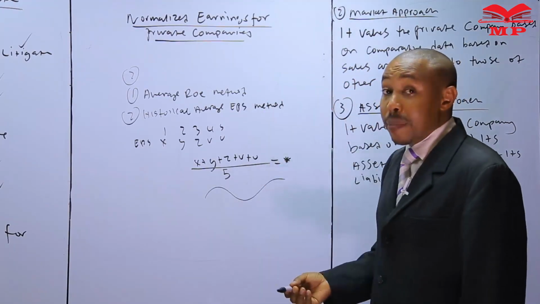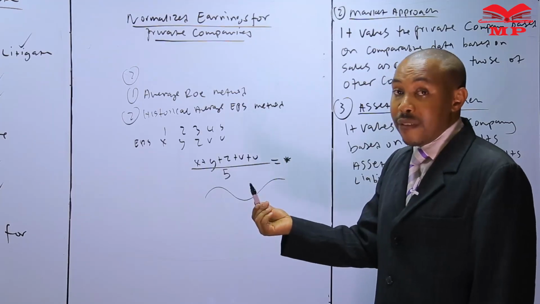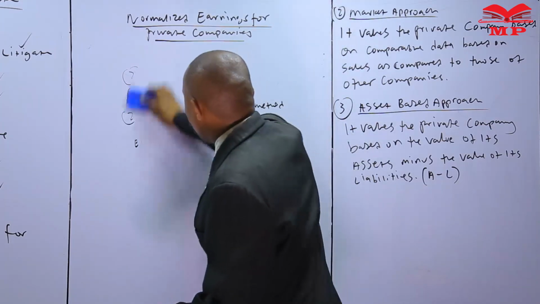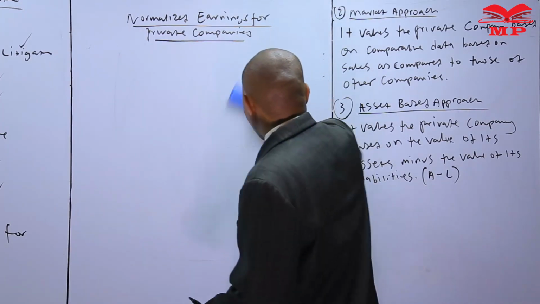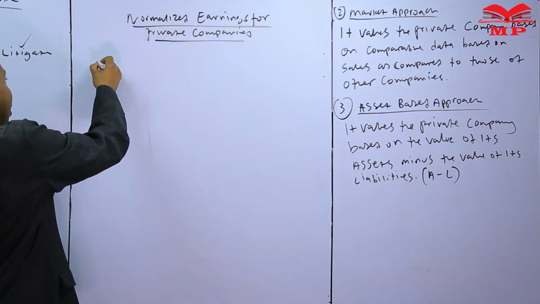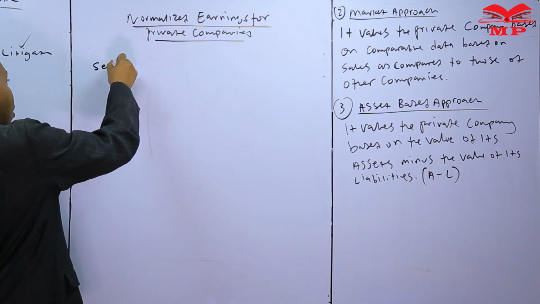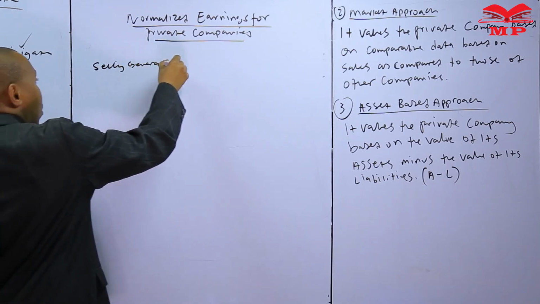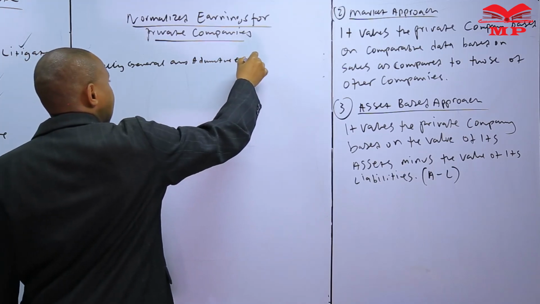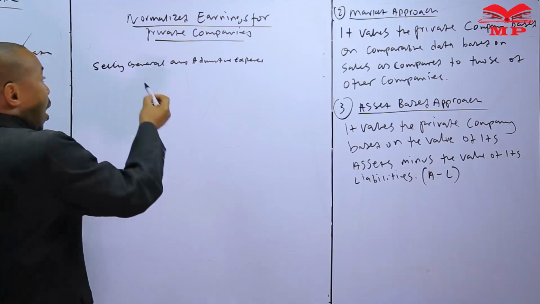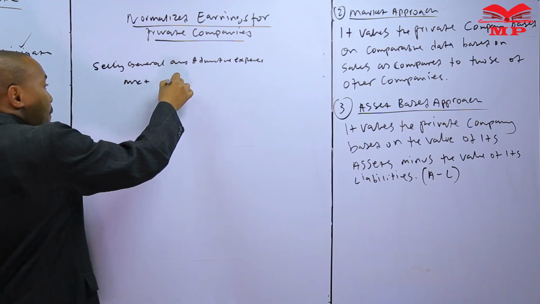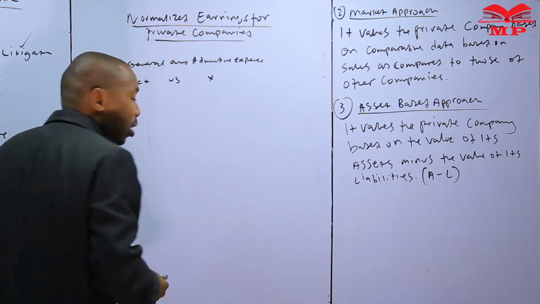Now, these two methods are applicable for public firms. For private firms, we will first of all have to identify how characteristics such as the selling, general, and administrative expenses are in relation to the market versus company X. So what am I saying?